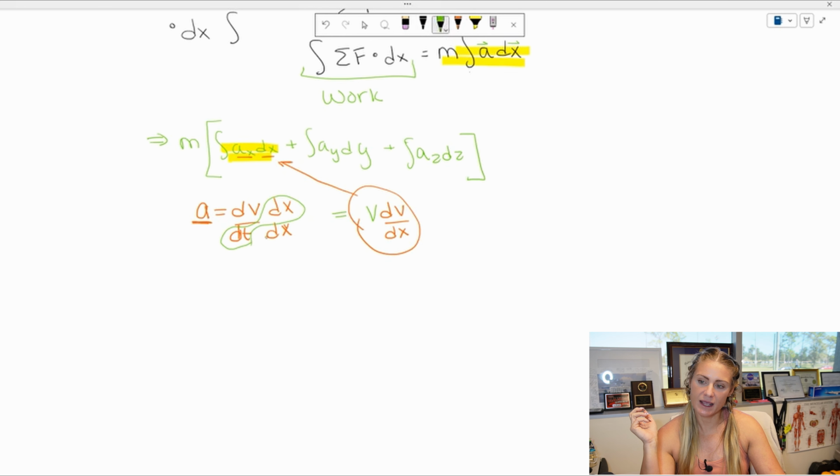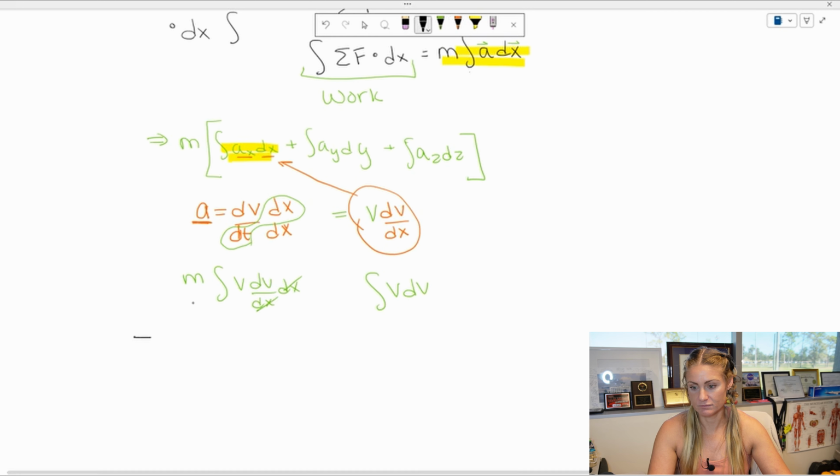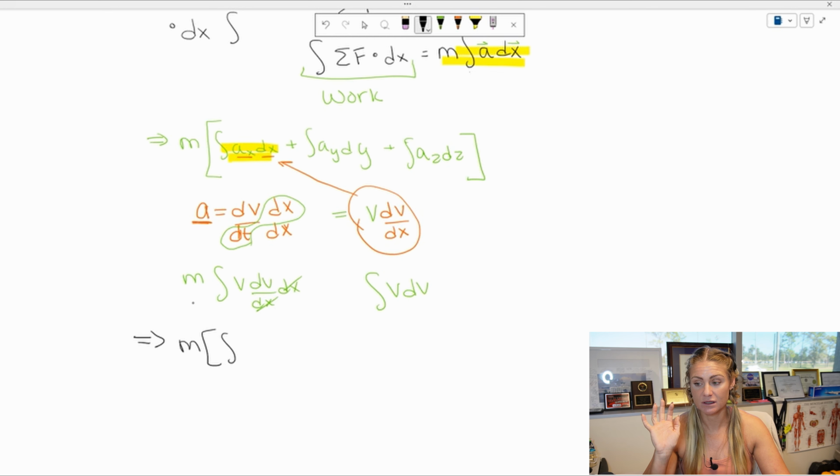If I'm just looking at the first term, I have m times v dv/dx times dx. Well, now my dx cancels, so I'm left with a beautiful v dv equation. So why don't I fully substitute the v dv in? I have mass, and then I have the integral, I have ax. If I'm looking at the x component of a, I have to do the same for velocity, because remember that velocity is a vector, so it has its components too.